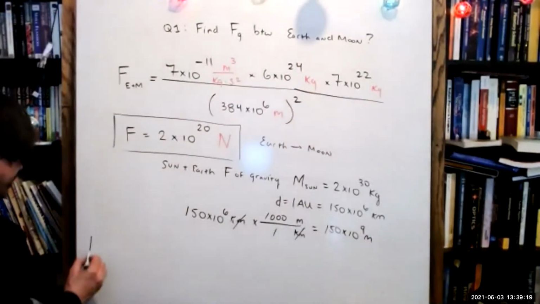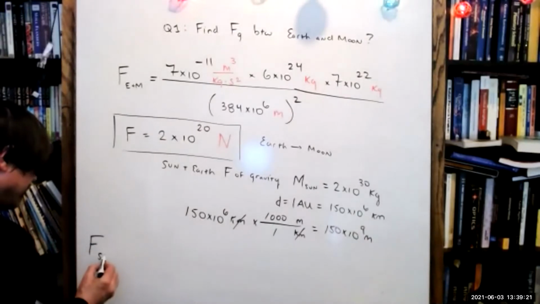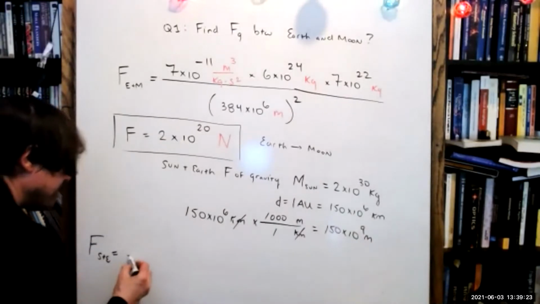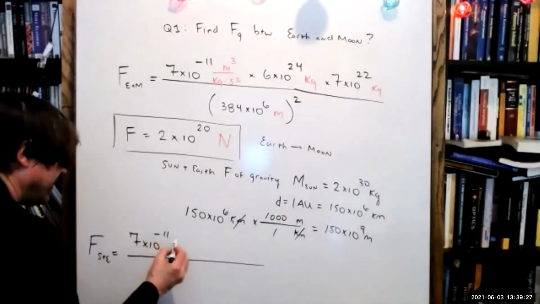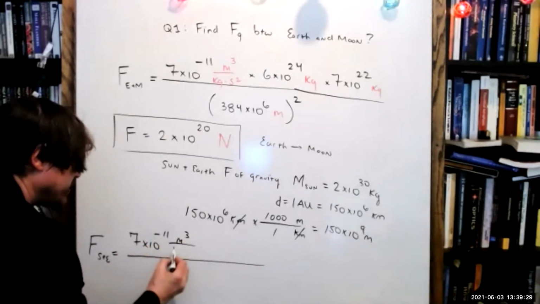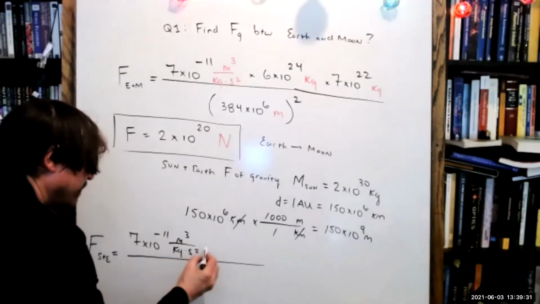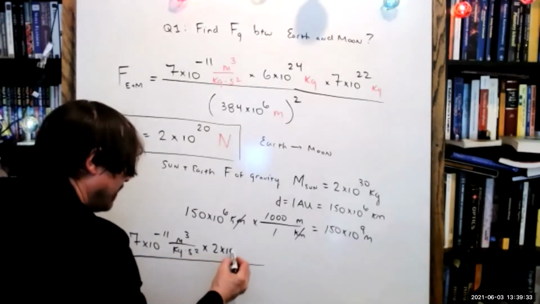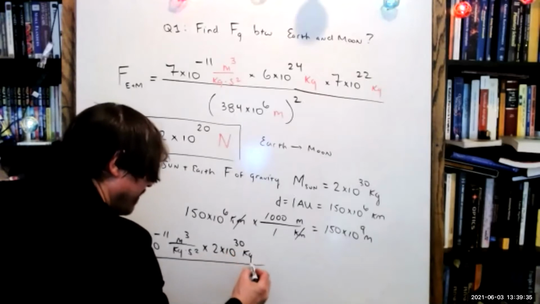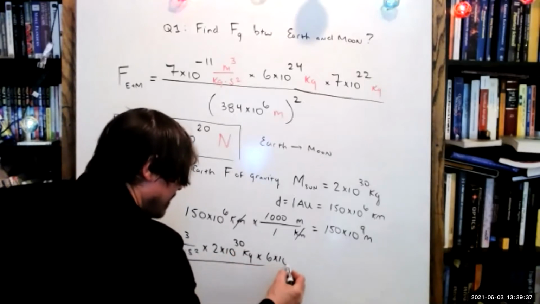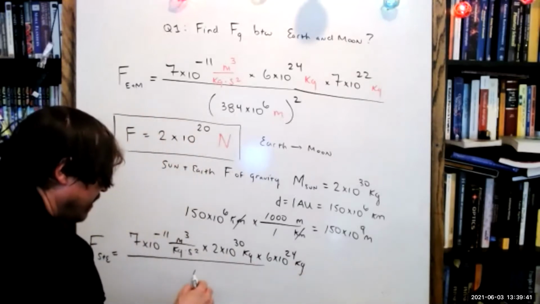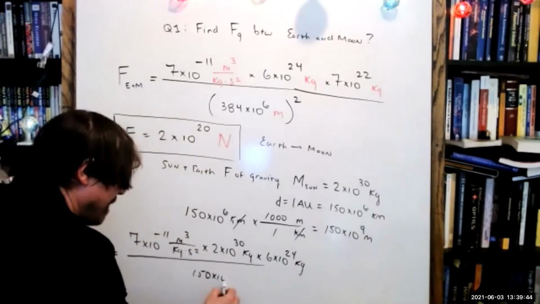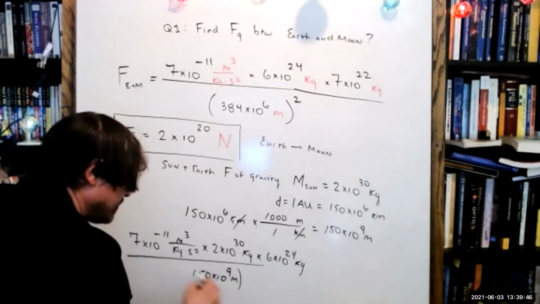Let's set up the equation. Force of gravity between sun and earth. So first we're going to have big G, 7 times 10 to the negative 11 meters cubed per kilogram per second squared, times the mass of the sun, 2 times 10 to the 30 kilograms, times 6 times 10 to the 24 kilograms, divided by 150 billion meters squared.